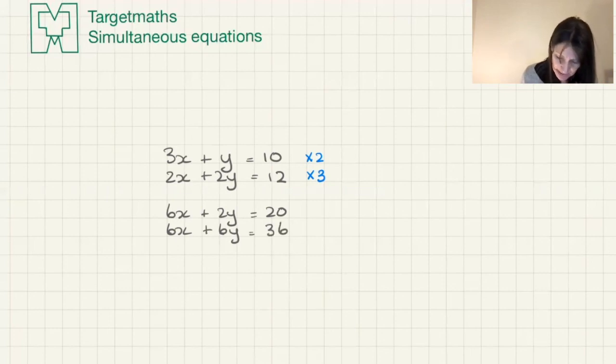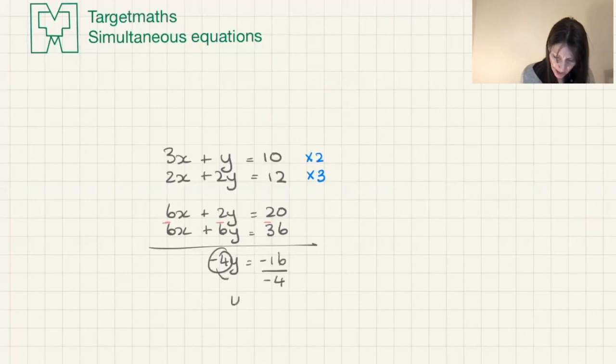So I'm going to do take, take, take. The x's have gone. 2 take 6 is minus 4y. 20 take 36 is minus 16. Divide through by the minus 4 to get y on its own. 4s into 16 go 4 exactly. So y is equal to 4.